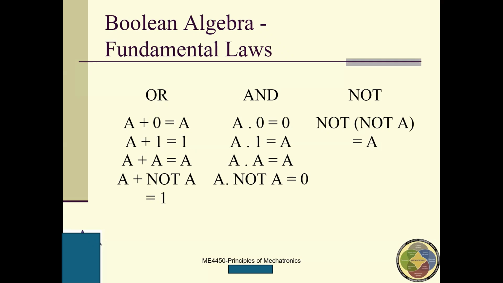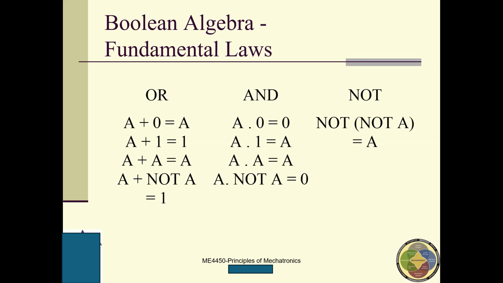This is understandable. So it's OR, and now AND. No matter what the value of this is, when you AND it with 0, you get 0. But no matter what the value is, if you AND A with 1, you get A, the same thing.